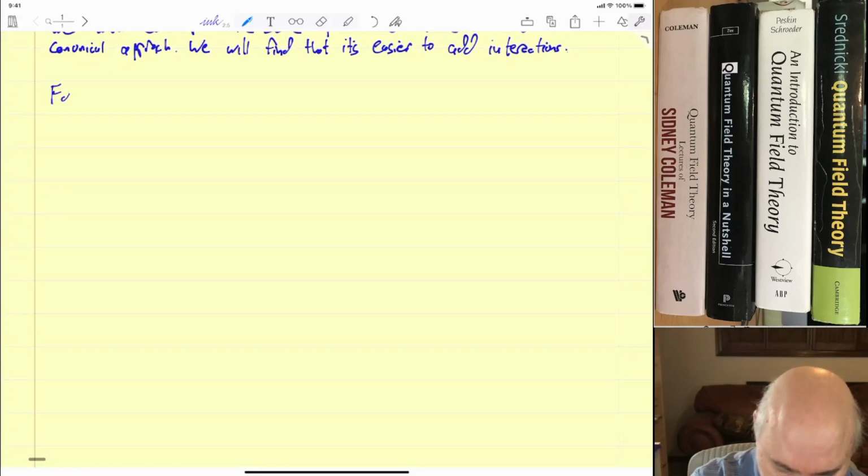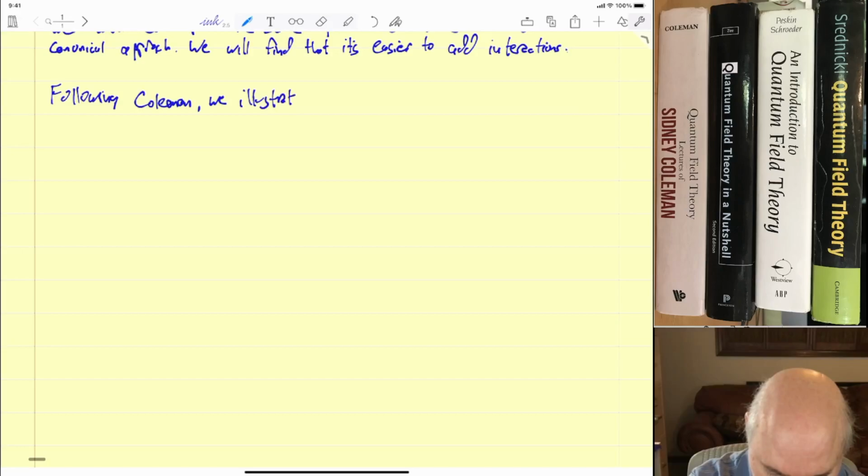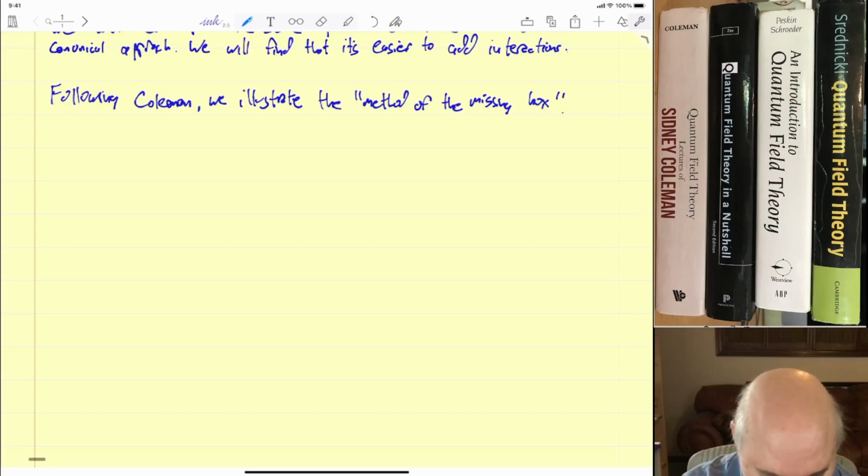So following Coleman's approach, we illustrate what he calls the method of the missing box. So let me draw 4 boxes.